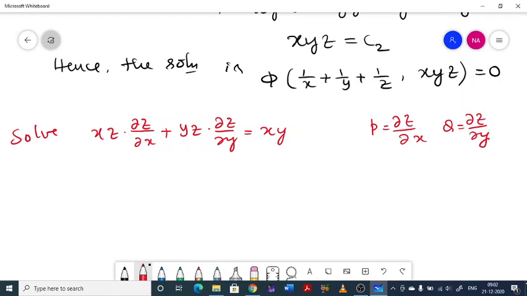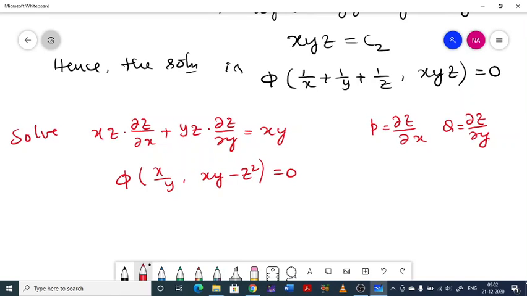They have not given P and Q explicitly here, they have given in terms of partial derivatives. So try to solve this one. You have to get the solution phi of x by y, xy minus z square equal to 0; separation of variables you can use here.